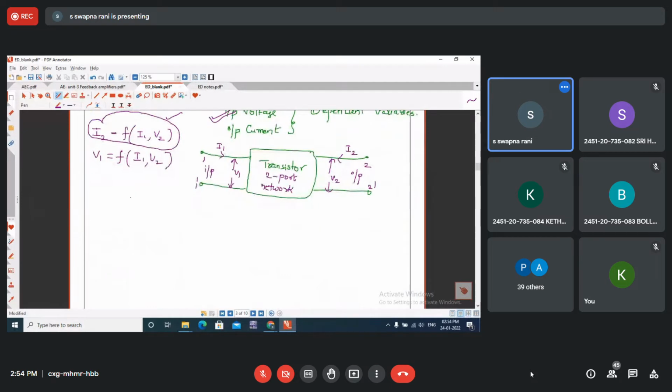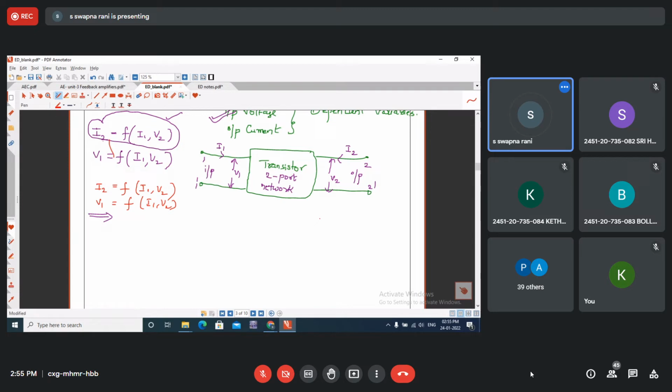Now, we know from the transistor characteristics, electrical behavior, that output current is a function of input current and output voltage, and input voltage is a function of the same, but we don't know the exact relation. We don't know the mathematical equations which relate these parameters.